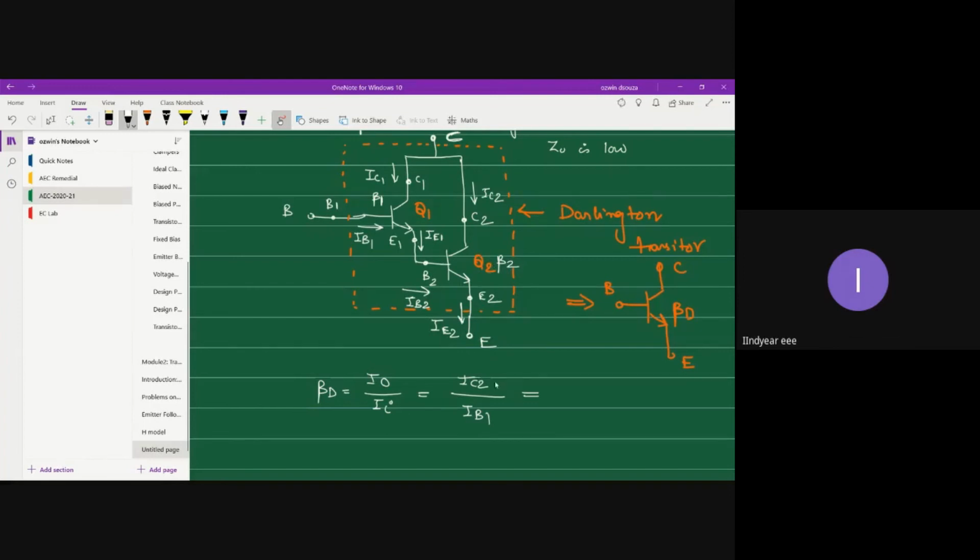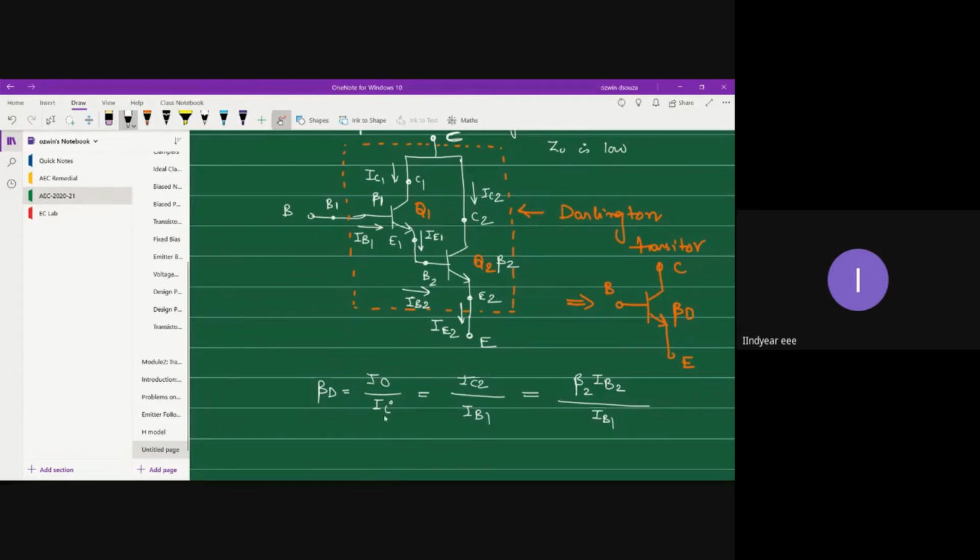Now IC2: in general, IC is beta into IB, correct? So with respect to IC2, it is beta 2 into IB2 divided by IB1.